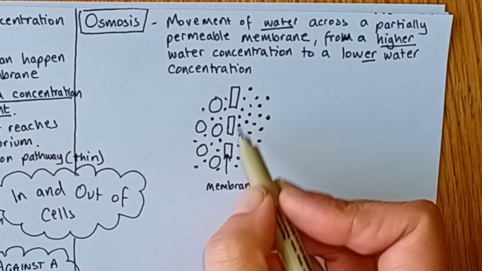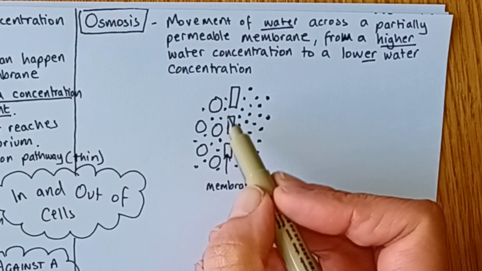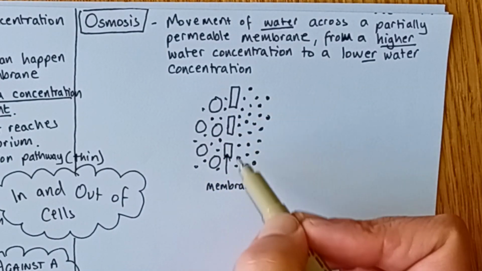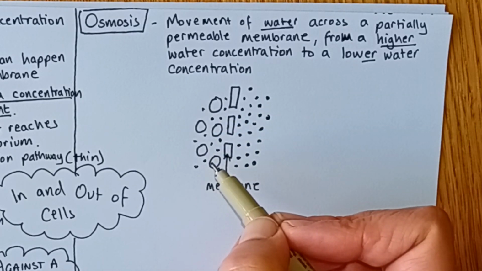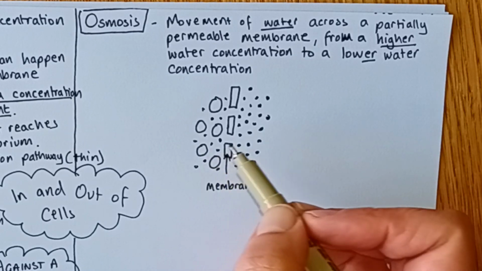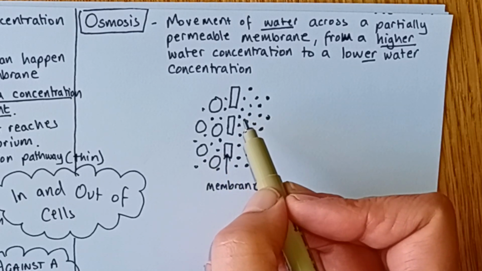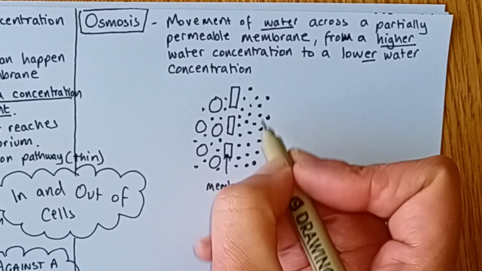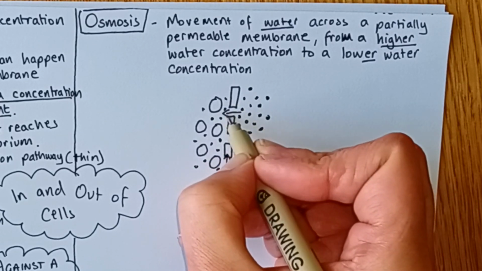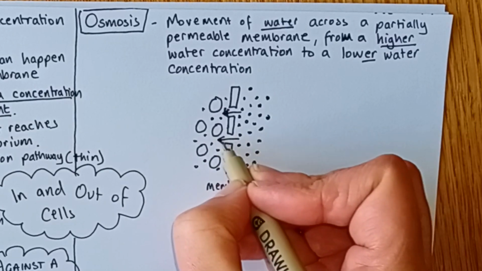So this side has a higher water concentration than this side. There are more water molecules on this side than this side. Which means the water molecules are going to go down their concentration gradient. They're going to move from this side, where there's lots of water, to this side, where there's less water.